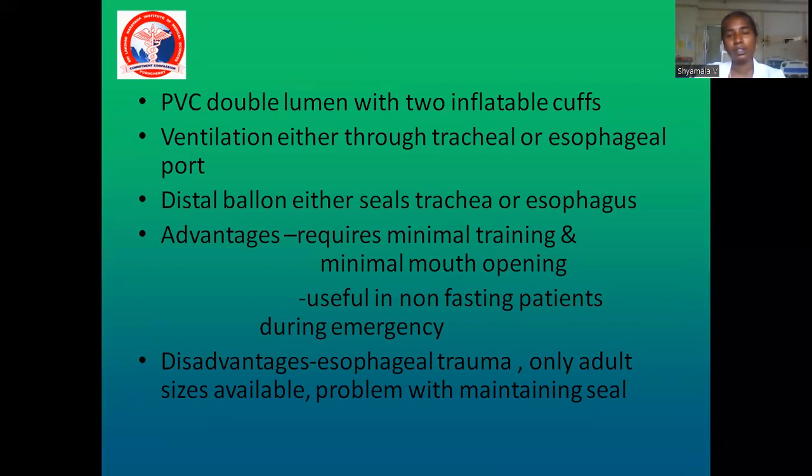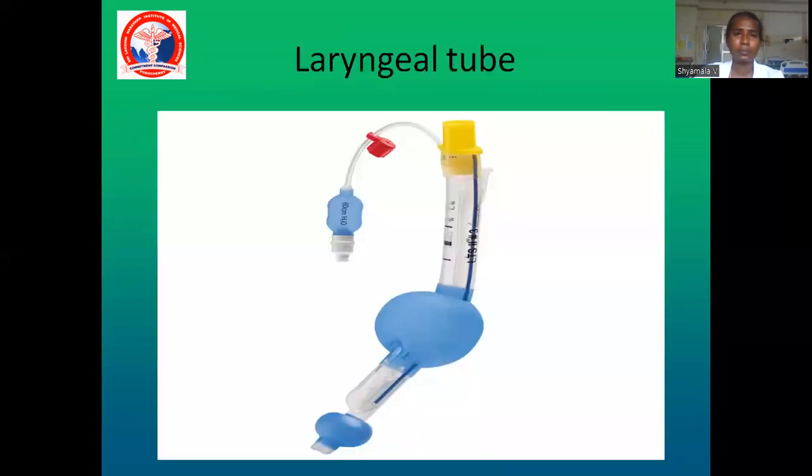Main important advantage, it requires minimal training, and even with lesser mouth opening, we can introduce it. Even in non-fasting patients during emergency time, we can use this. Whereas the main disadvantage is distal esophageal trauma. Because of the distal port inflation, esophageal trauma can occur. Only adult size is available, and there are a few problems with maintaining the sealing pressure.